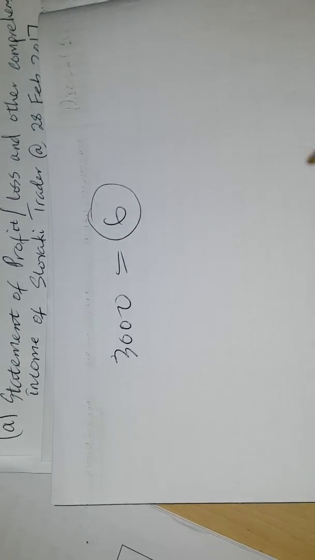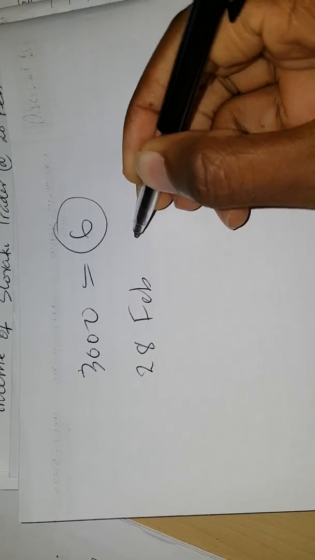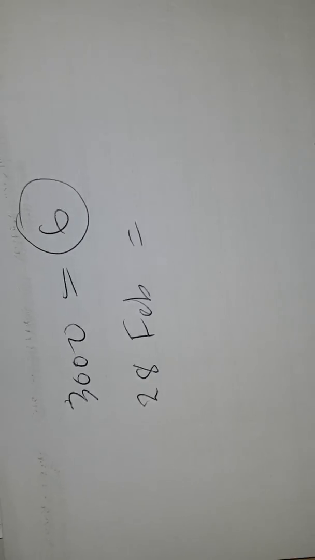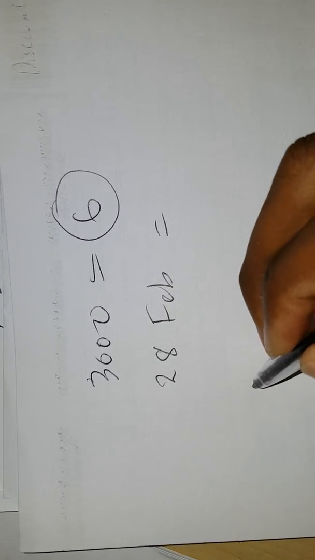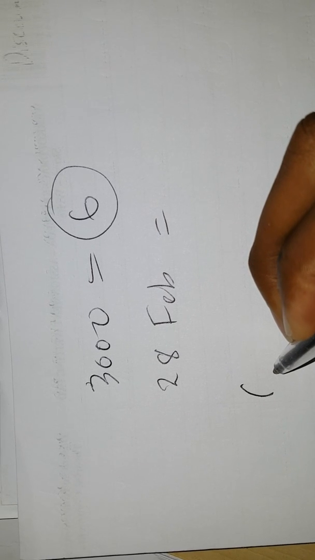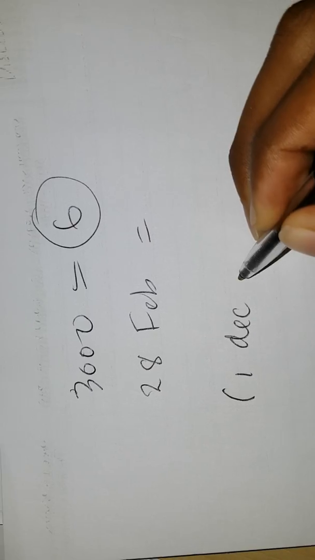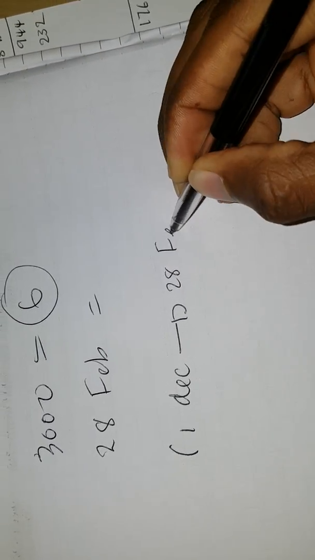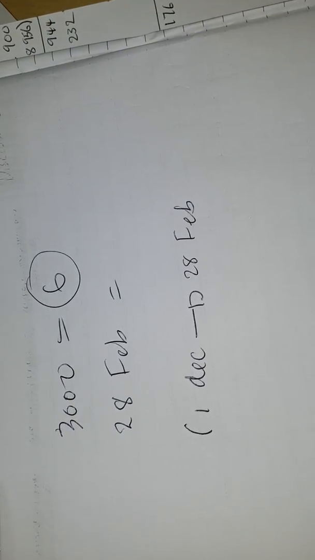And then our financial year was ending on the 28th of February. Okay, so now we want to see the actual amount here, because if they paid for December, it means we want the insurance for 1 December to 28 February, not from 1 December to May.